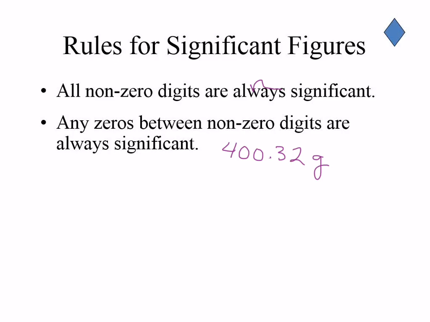According to the first rule, the 4 is significant, the 3 and the 2 are significant, and according to the second rule, I have to count those 2 zeros as significant. So how many sig figs do we have? 5. Yep, 5 sig figs. Cool.